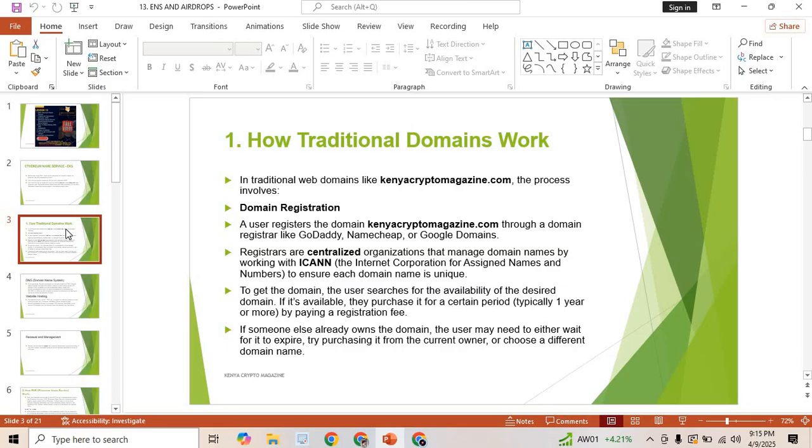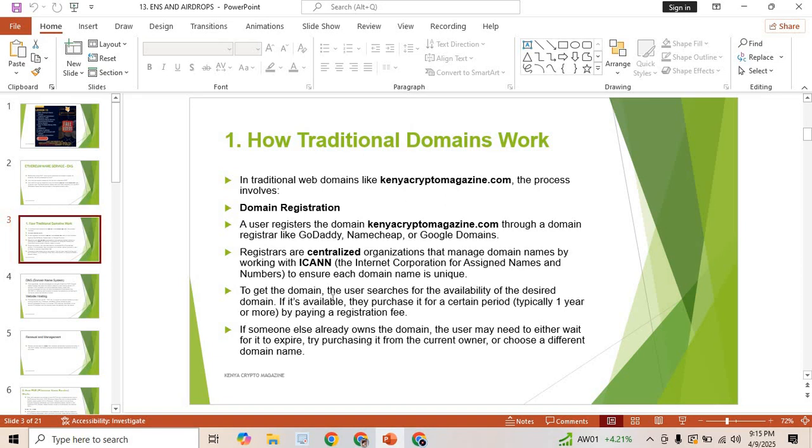From ICANN, the Internet Corporation of Assigned Names. So if you go to GoDaddy and look for kenyacryptomagazine.com, it will say that the domain has already been bought and is in use. If you go to Namecheap, the same. If you go to Google Domain, the same.